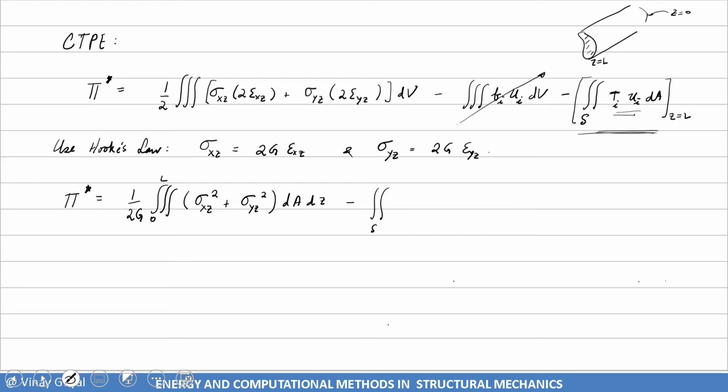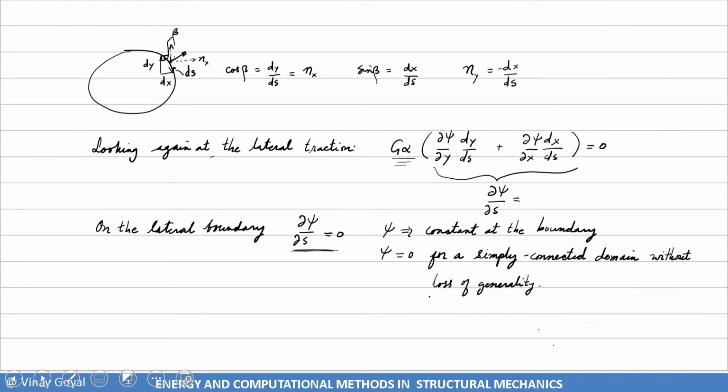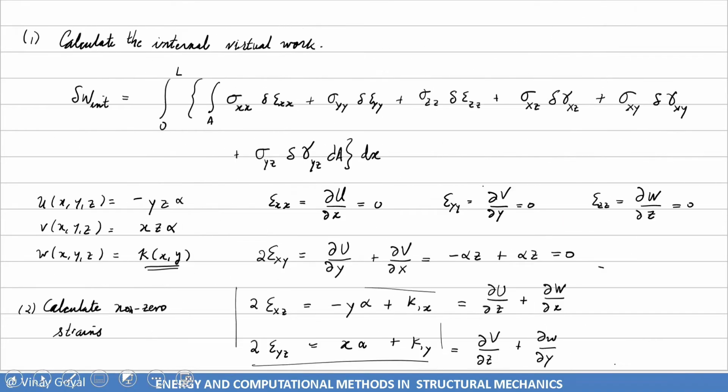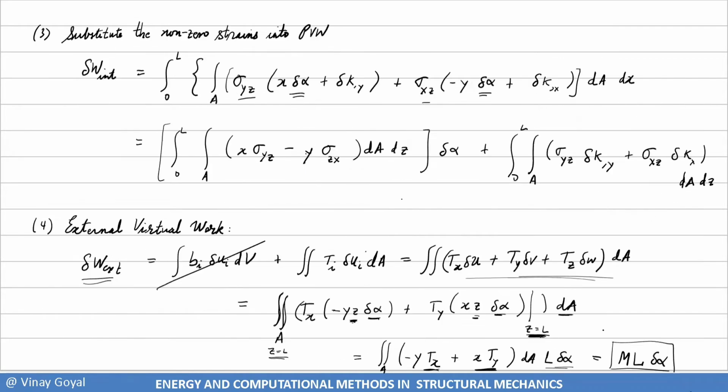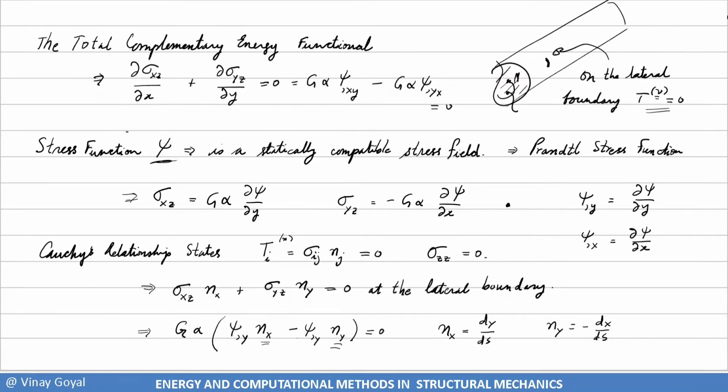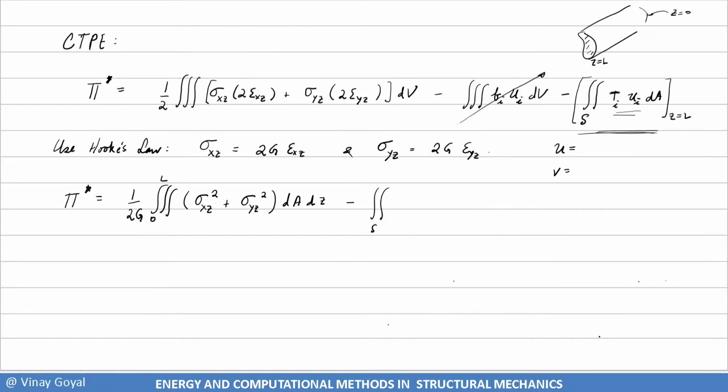Ti ui. Now we know what that is. We know what ui is in our theory. U equals and V equals. I believe U was, well, I don't believe anything because I can't remember, so I have to look it up. U is alpha z, alpha yz, and this, I believe, is minus alpha xz.